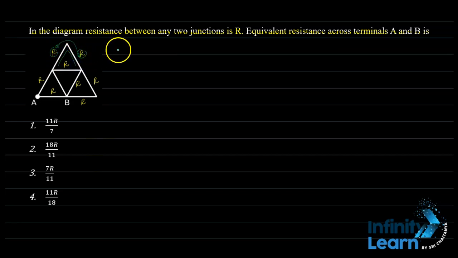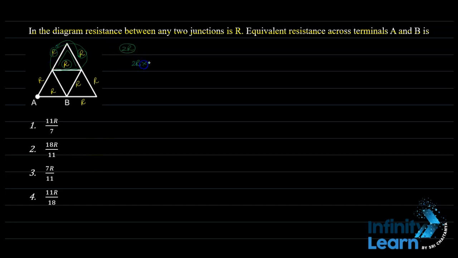So the equivalent resistance will be the sum of the two resistances, that is 2R. So this is the equivalent resistance of the two resistances in series, and the 2R resistance is in parallel with resistance R.